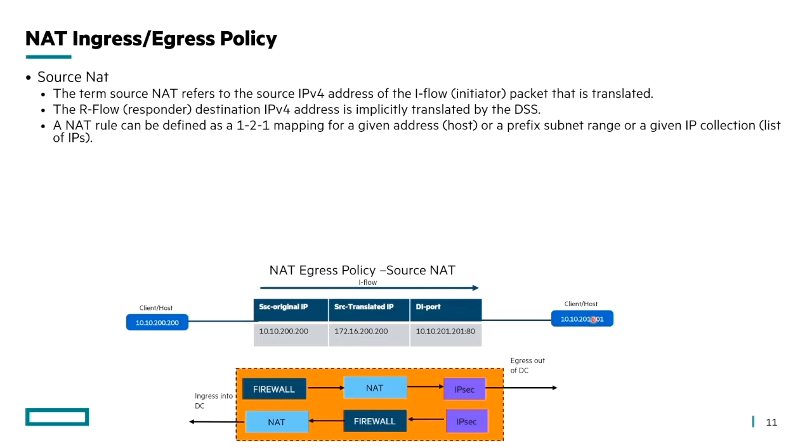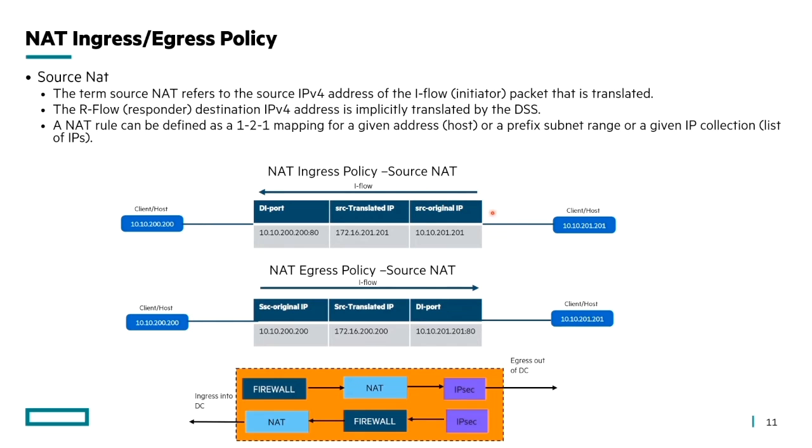The responder flow from this client host is now targeting 172.16.200.200, this destination IP, and that will be the rFlow, and that IP will then be translated back to the original client host address as part of this egress source NAT policy.